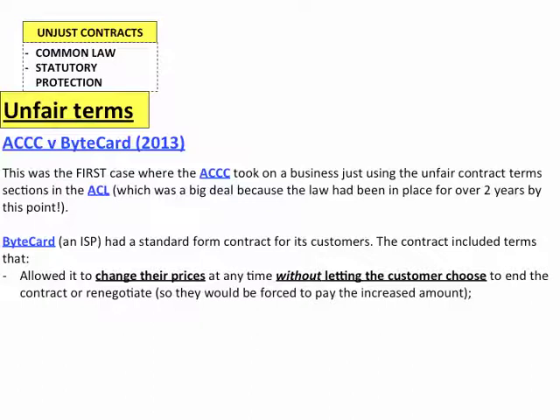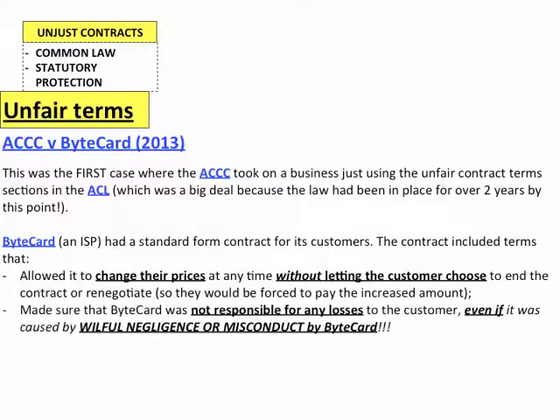Say we are going to charge $10 extra a month. When they do that, they should be saying, we understand that that's not what you signed, so you have a chance to get out of this contract now. That's what they were supposed to say. But what they said was, we have a right to change the contract terms whenever we want, and we don't need you to be able to choose.